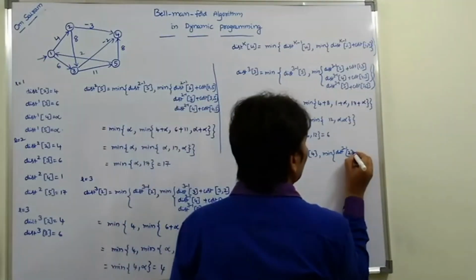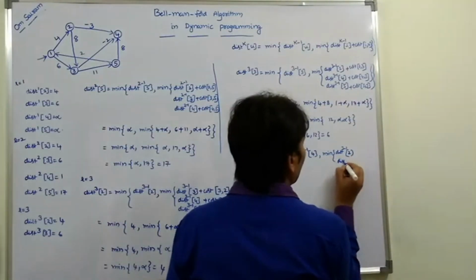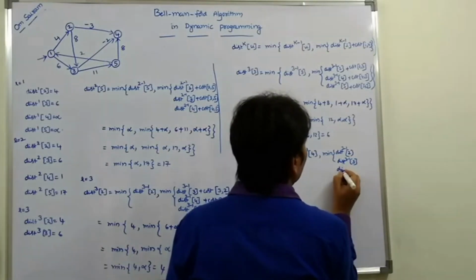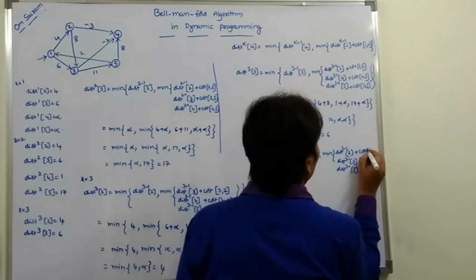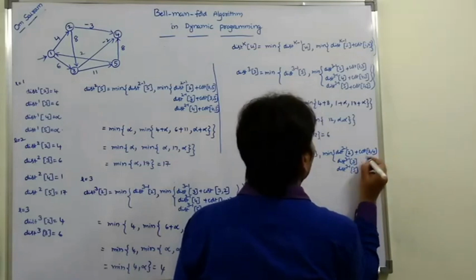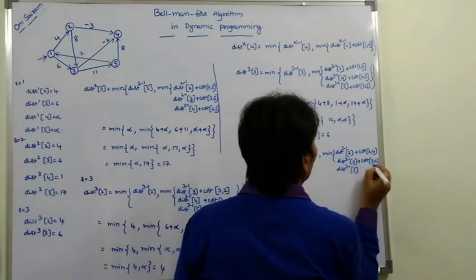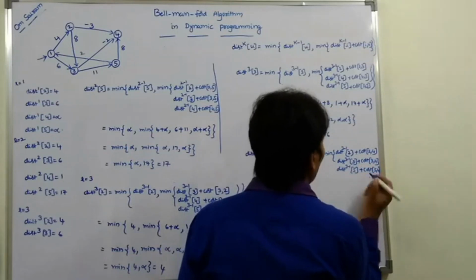So dist 3 minus 1 of 2, dist 3 minus 1 of 3, dist 3 minus 1 of 5, plus cost of 2 comma 4, plus cost of 3 comma 4, plus cost of 5 comma 4.